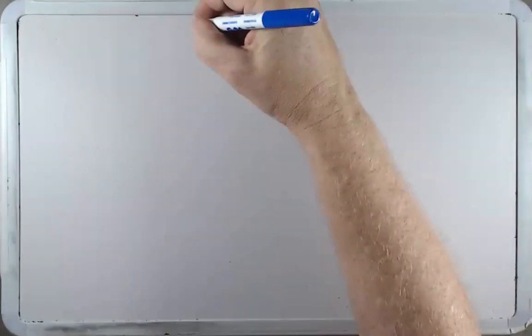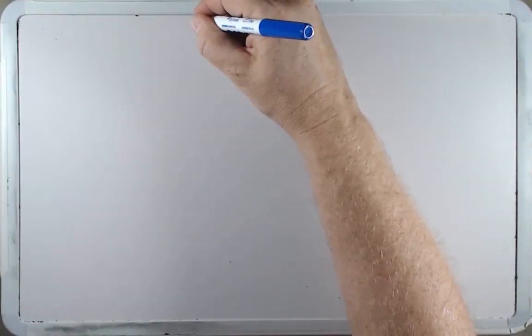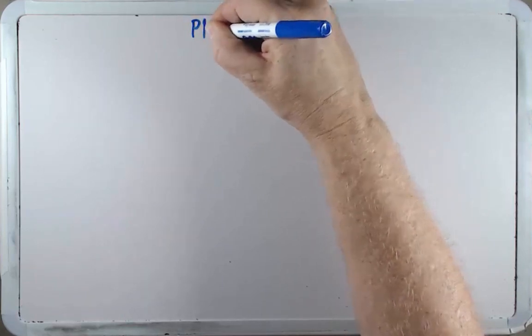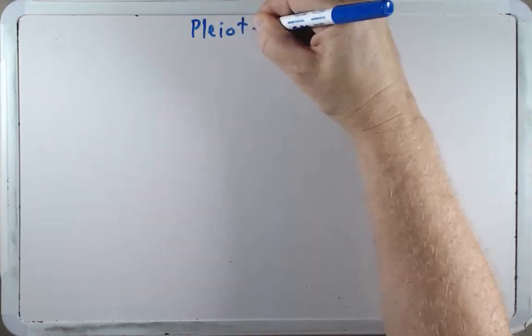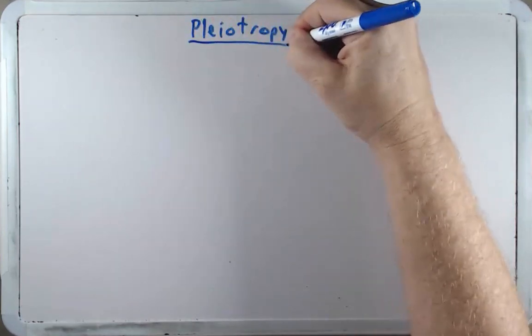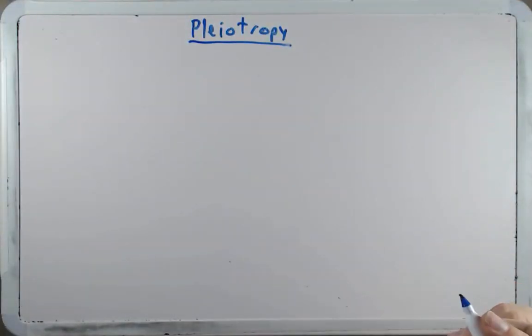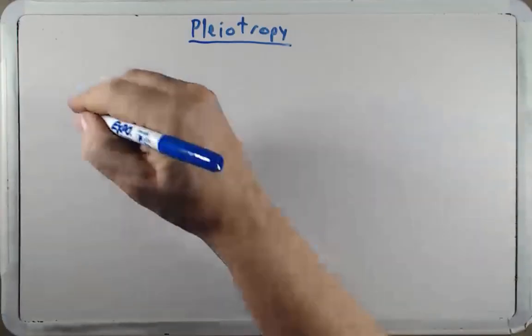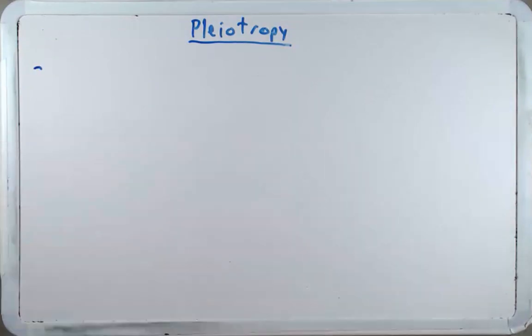All right, let's go ahead and move to our next topic of pleiotropy. I may go back and forth calling it pleiotropy or pleiotropy. Either are acceptable. Let's begin with a short definition of pleiotropy.